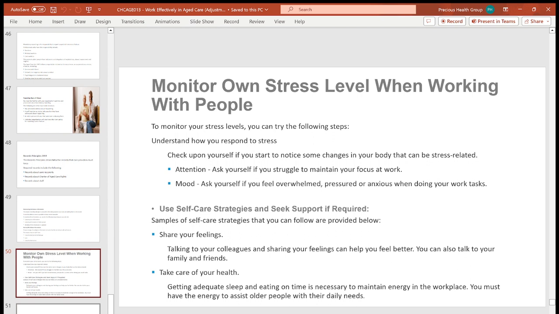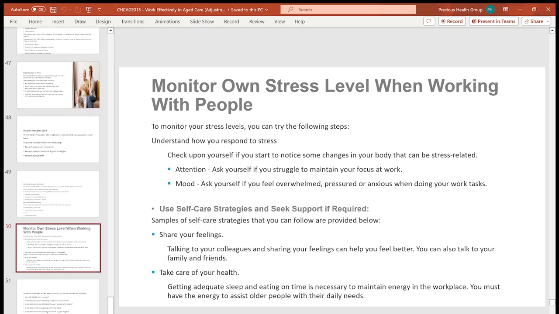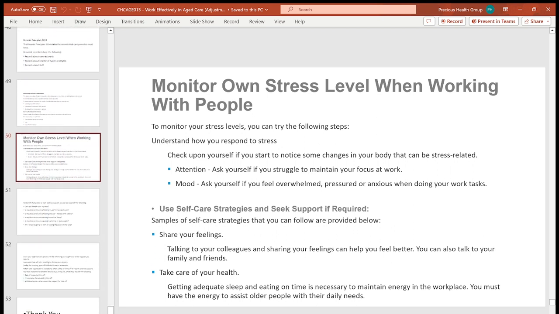How can we do this? There should be a simple self-care strategy that, depending on yourself, works for you. Share your feelings, talk to colleagues, as sharing feelings can help you feel better. You can also talk to your family and friends in order to get any issues you might be going through out of your mind.